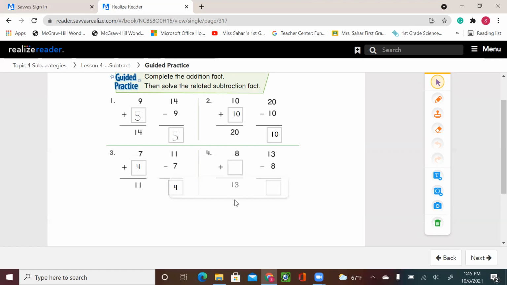We count 5 counts. So 8 plus 5 equals 13. That means 13, my whole number, take away 8 equals, awesome, 5.